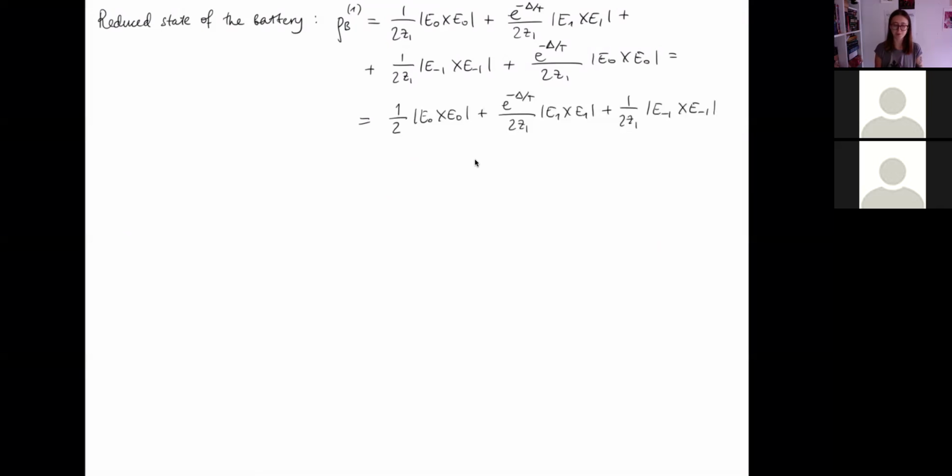So what does this mean? This means that after application of the first unitary, if we're only looking at the state of the battery, the energy of the battery, the state of the battery with probability 1/2 stays the same, so it's 0. With probability e to the power minus delta over t over 2z, it goes up. With probability 1 over 2z1, it goes down, one step down.